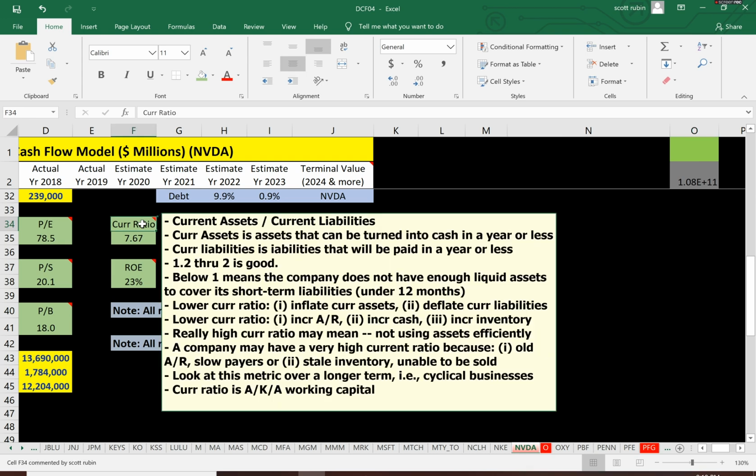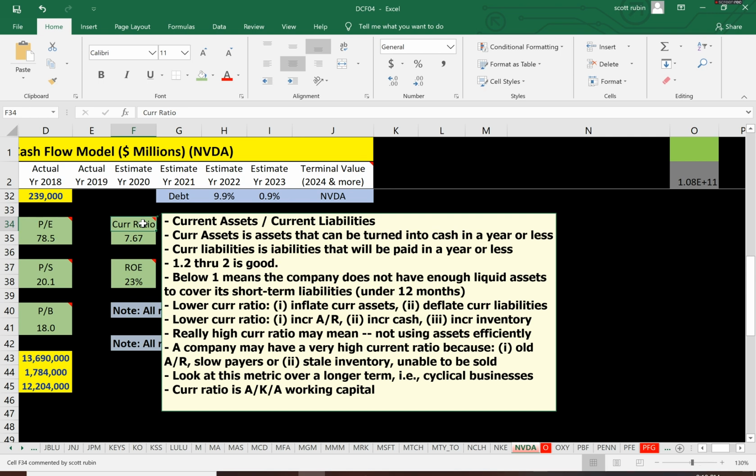You want generally a current ratio between 1.2 and 2. Current ratio is how you can fund your short-term liabilities. So the current assets are cash and accounts receivable and inventory. And those are the three assets that can be converted to cash pretty easily. So if you needed cash to pay debt or to pay your payables, that's how you would get it.